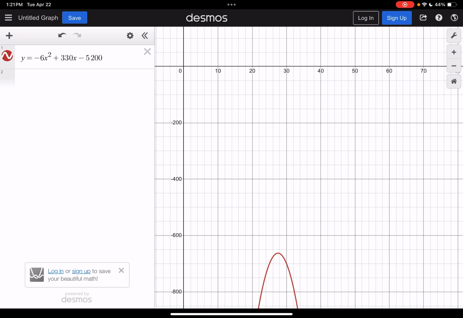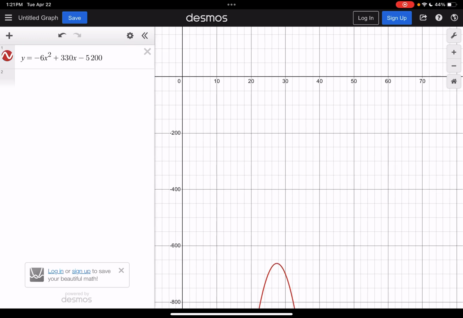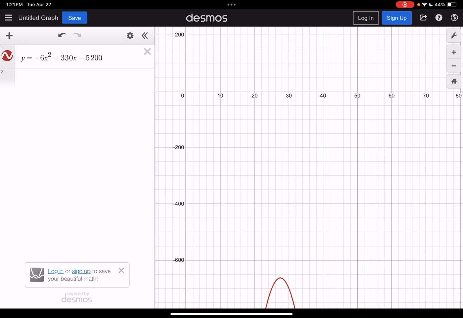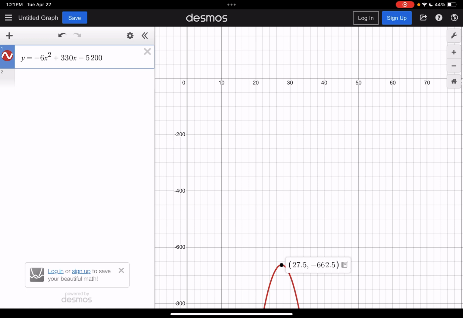You have a profit function that looks like this. Where are the zeros of this profit function? Well, this up here is where y is equal to 0, but your graph is way down here. So we look at the highest point that this reaches, it's at negative $662, right? So profit never reaches a positive number, it is always negative.